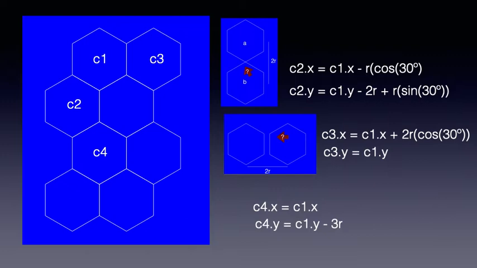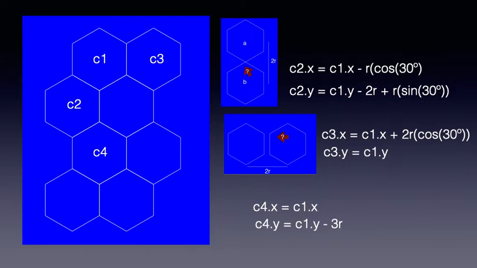There's one for the left-hand hexagon and one for the right-hand hexagon. So you want to take C1x and you want to add the distance r cosine 30 to get the C3x component. The y component is the same. They're on the same y value.